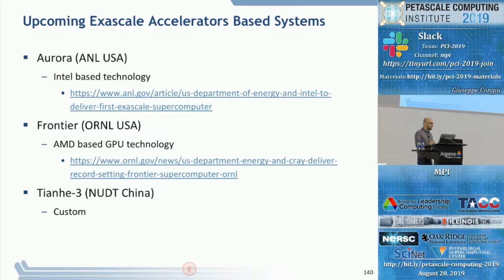For example, Argonne will be hosting Aurora, which will be based on Intel technology for accelerators. Frontier at Oak Ridge will use a whole AMD solution for both CPUs and GPUs, and China is also working on its Exascale supercomputer with a custom solution.